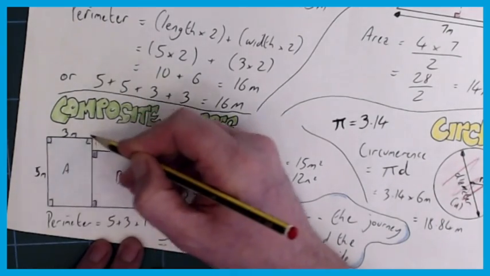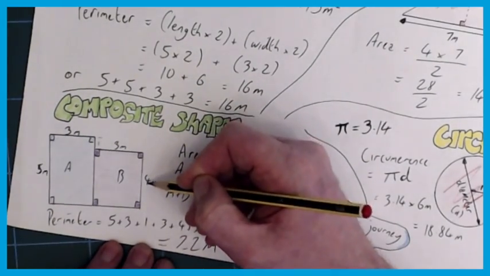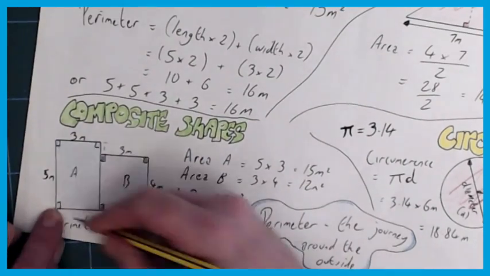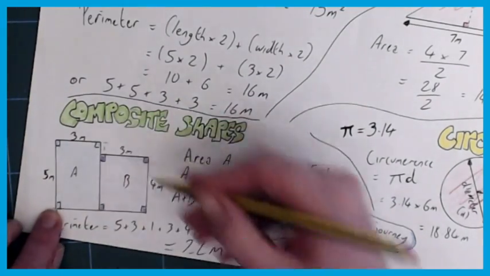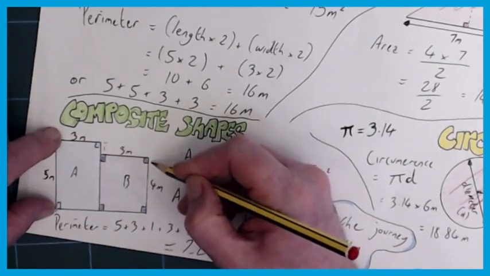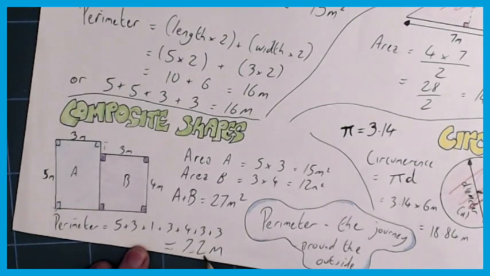So you've got a 5 plus a 3 plus a 1 plus a 3 plus a 4 plus a 3 plus a 3, and you're back to where you started. So you go on a journey all the way around. The only difficulty is this bit here, remembering that that distance, take away that distance, is going to be this distance here. So adding all of them up together, we end up with 22 meters.